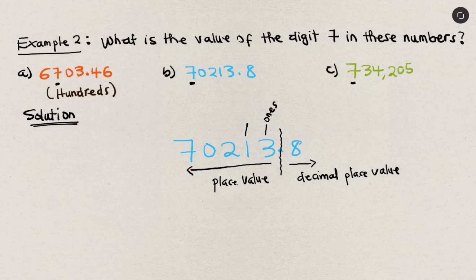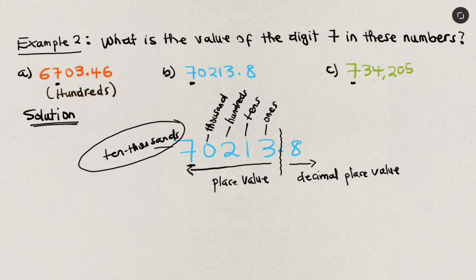And then after the ones we have the tens, and then the hundreds, and then after hundreds we have the thousands, and then after the thousand, the next number is what we are calling the 10,000. Okay, so if you look at it, the digit we are finding the place value for is 7, and the place value of 7 is 10,000.